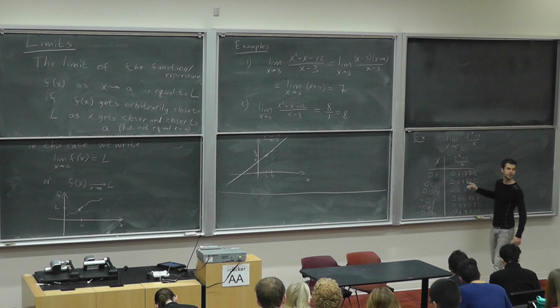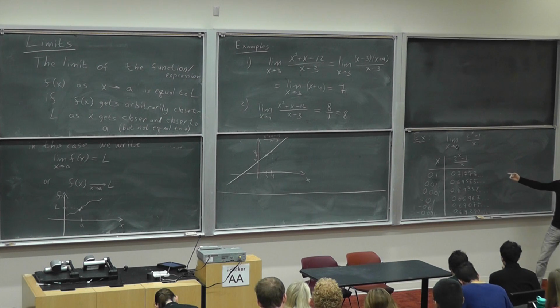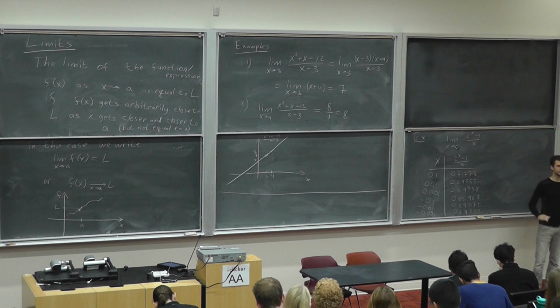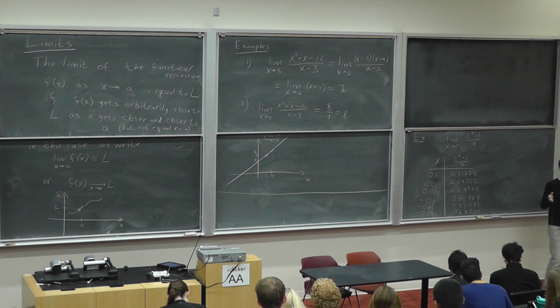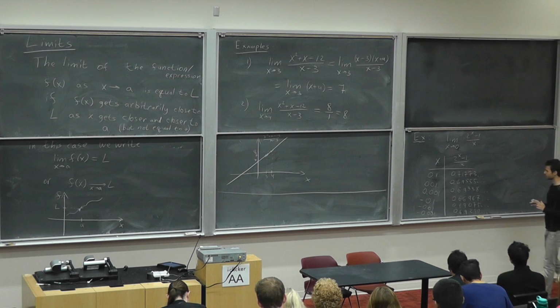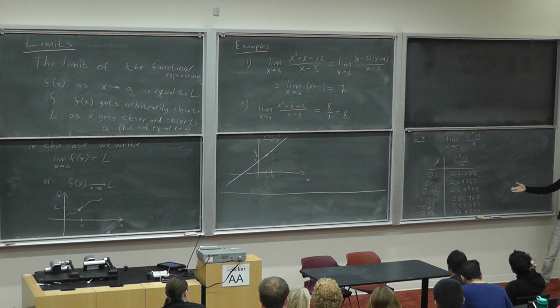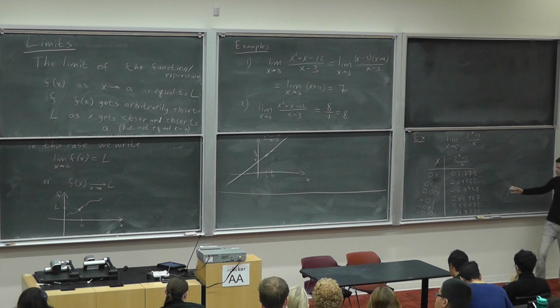But let's see. What can I argue about this answer as x approaches 0? Just from these points, I'll see that all of them are somewhere around 0.7. Is it 0.7 just because 0.7 is a simple number? Well, I would argue that no, it's not really 0.7.